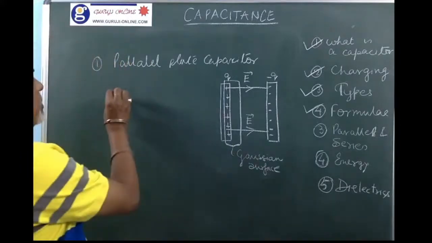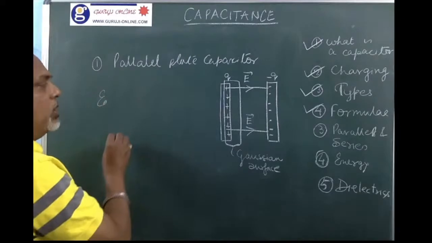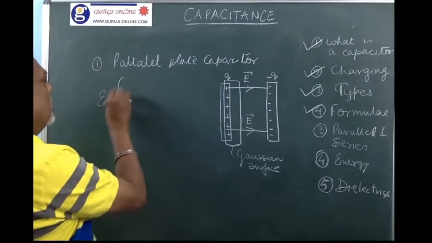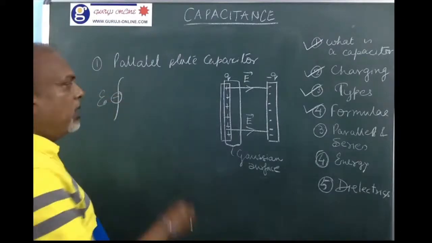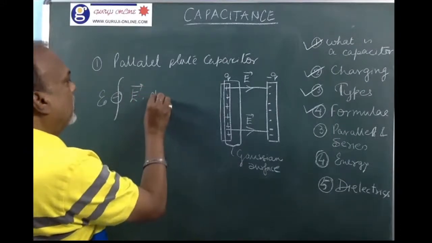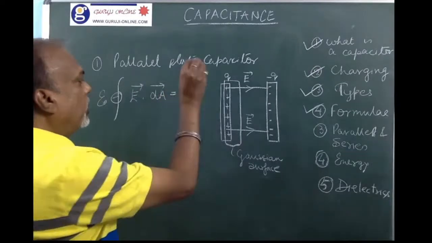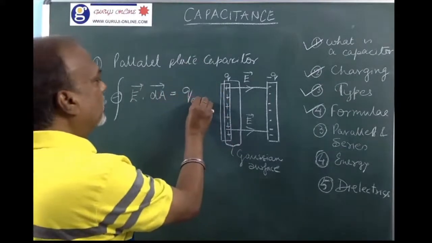And as per Gauss's law, what we learned, our formula is epsilon 0 closed integral of E dot dA is equal to Q enclosed.